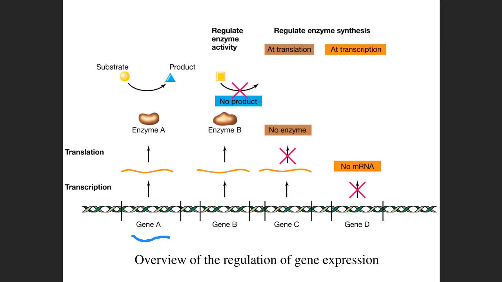I saw, for example, with the lactose, next to the promoter there's a repressor. So when the lactose is present, it binds to the repressor, and that's how it stops.